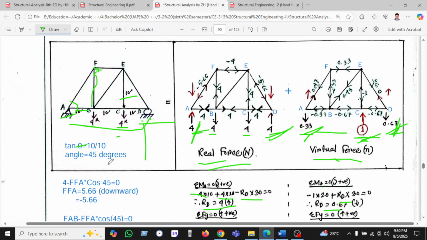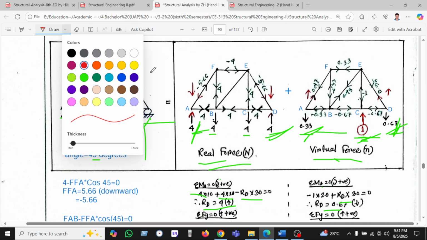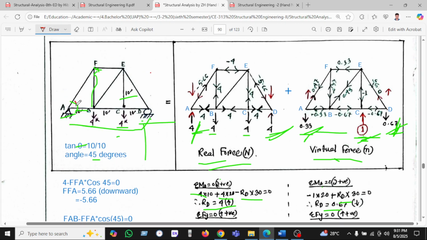So 10 by 10, so the angle will be 45. So this is 45. Okay. I'm just changing color. So we are getting this angle 45. This angle and this angle also remain the same.